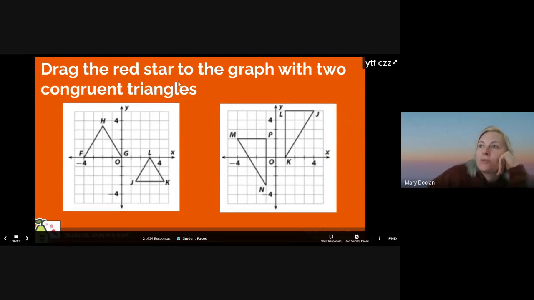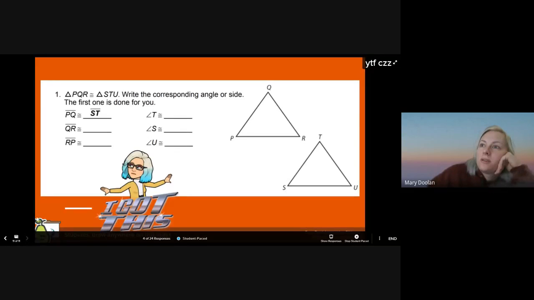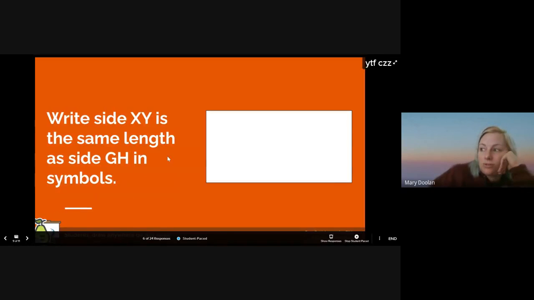And then drag the red star to the graph with 2 congruent triangles. It's given that triangle PQR is congruent to triangle STU, write the corresponding angle or side. The first one is done for you. All right, so you have those 3 slides to do until 9:55.